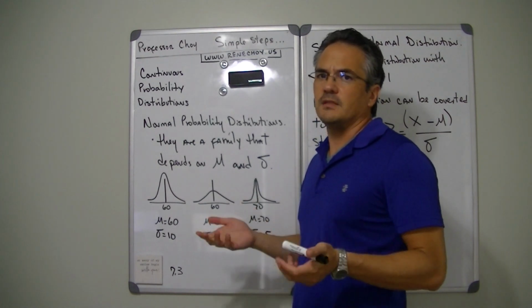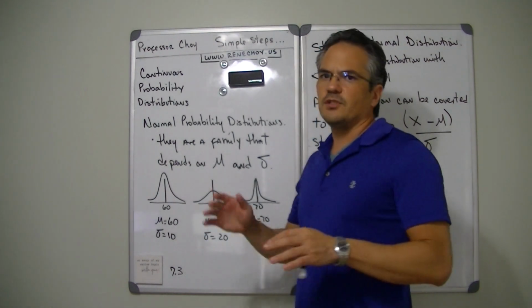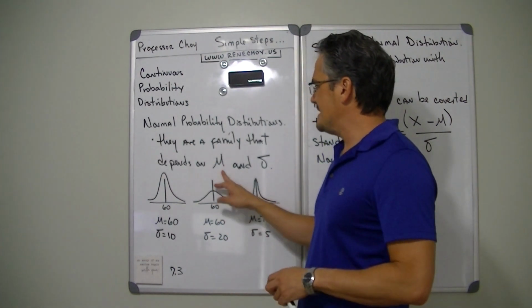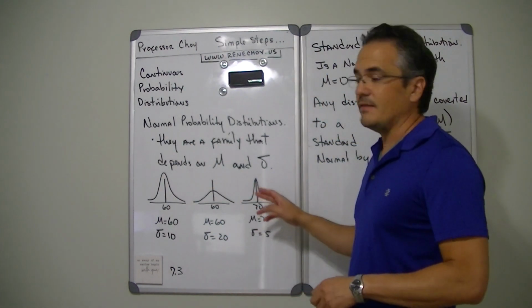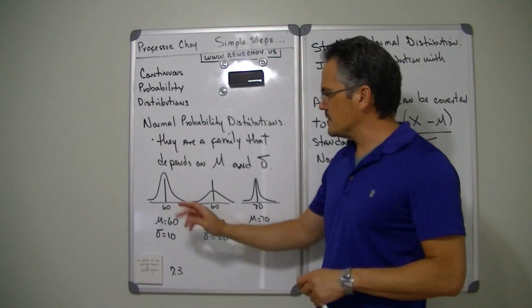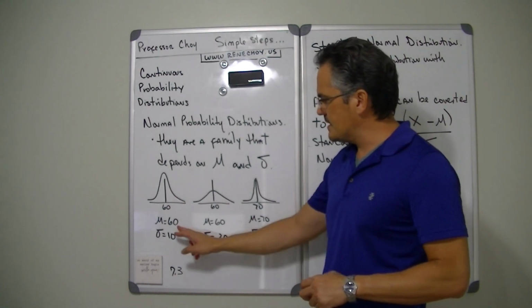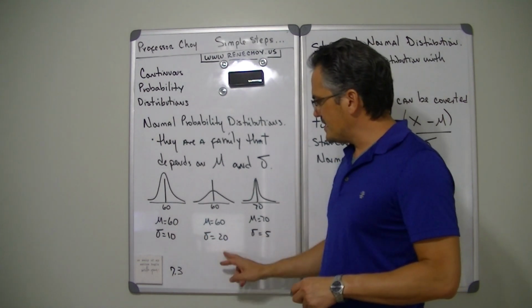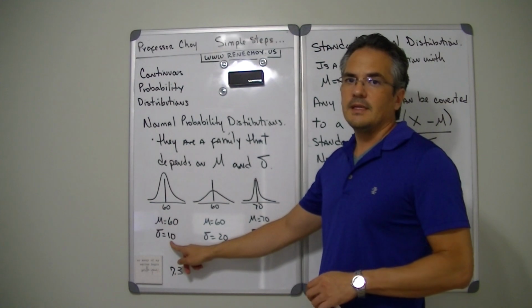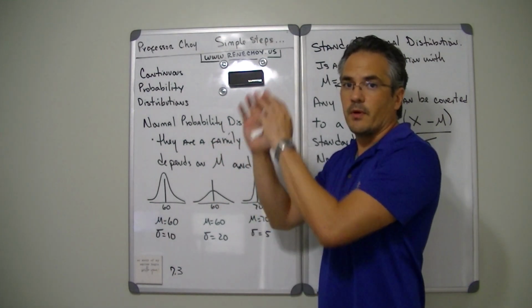Normal probability distributions are more of a family of distributions. They're not one. They have different shapes. So basically, they depend on the mean and the standard deviation. When you have similar means, for example, imagine that you have a center at 60, but you have a different standard deviation, a smaller standard deviation means that the normal distribution is steeper.